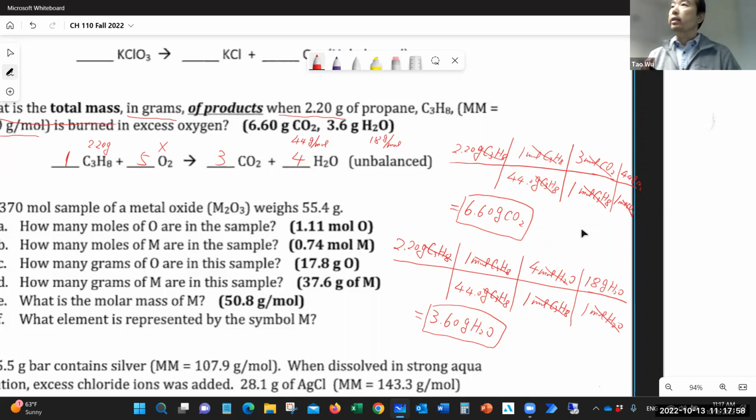Again, if you still have a hard time with stoichiometry or limiting reagent, let me know, because this is very important. We're going to repeat it again in the Unit 3 exam. It's not just a one-time test. We still have 2 more tests.